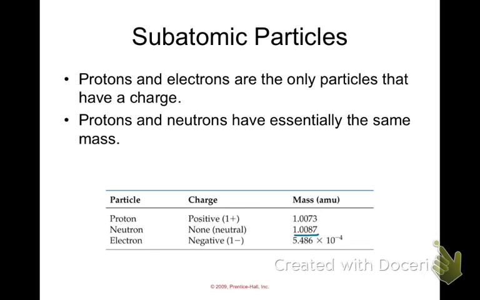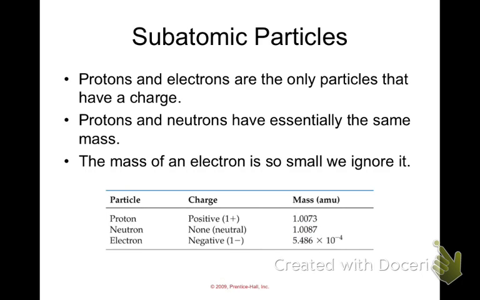They're pretty much taken to be one atomic mass unit. Electrons have a very small mass. As a matter of fact, they're about 1/2000th of a proton or a neutron. So we typically ignore the mass of an electron because it is so much smaller than that of a neutron or a proton.